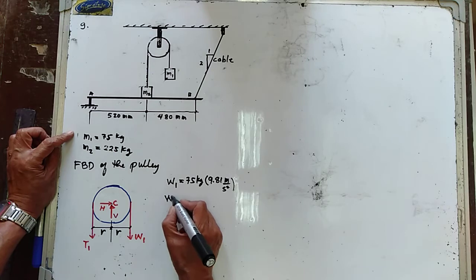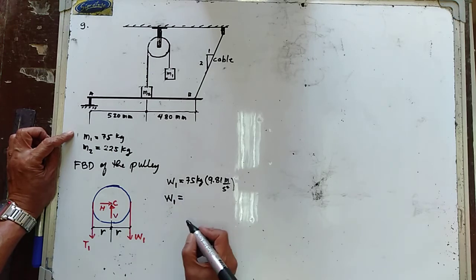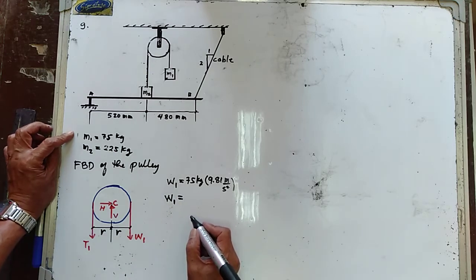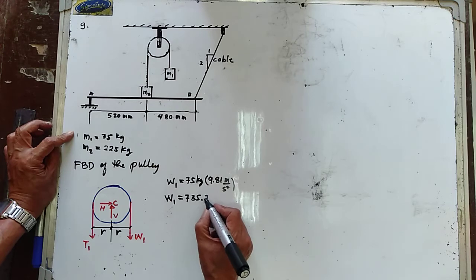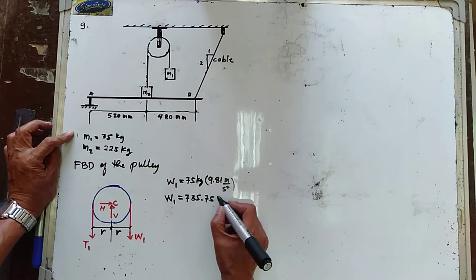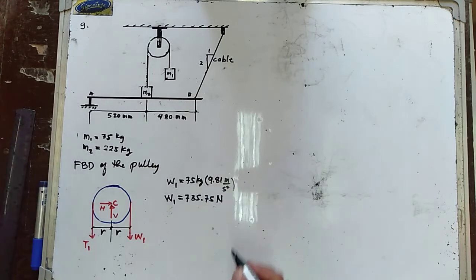So your W1 is now equal to 735.75 kilogram meter per second square, or that is in newtons.